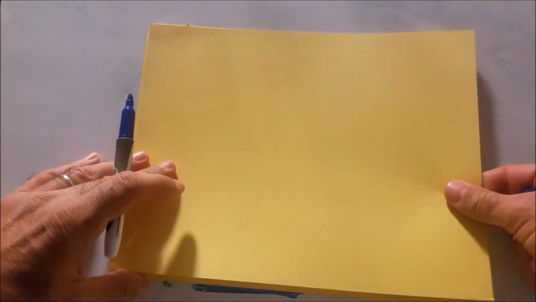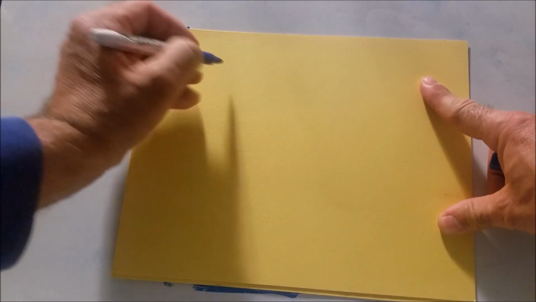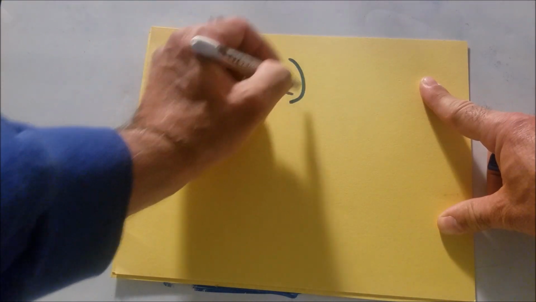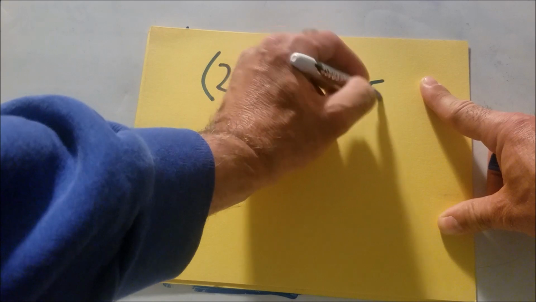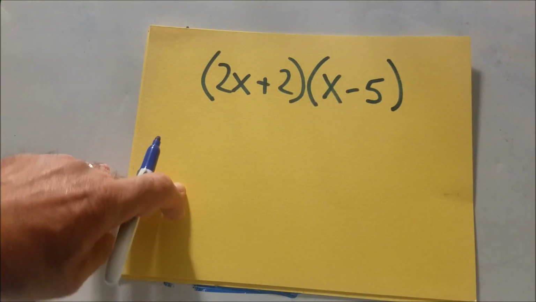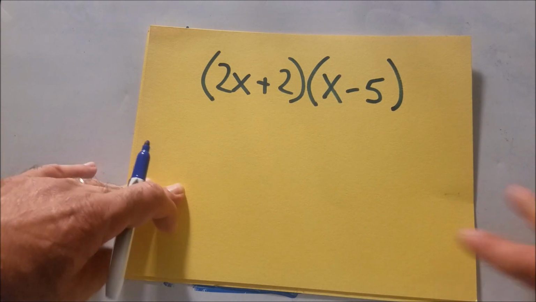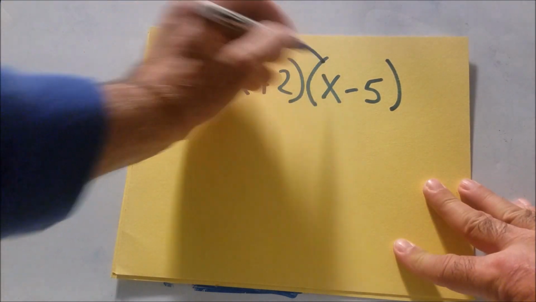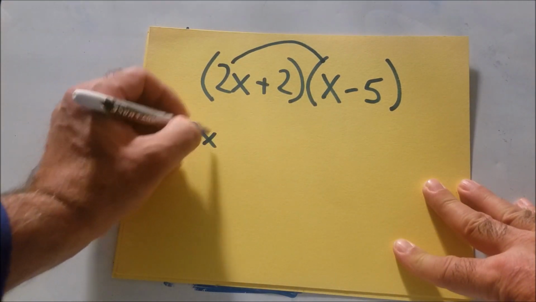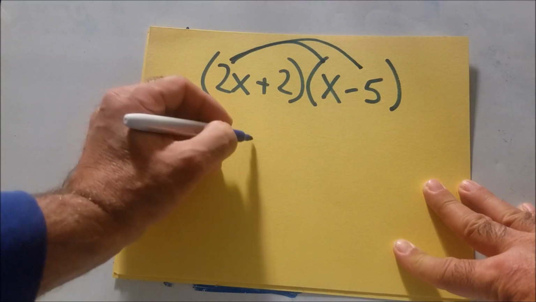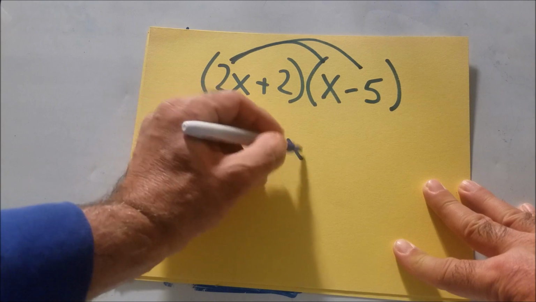All right, let's do another one. What if I had 2x plus 2 and x minus 5? Try that. Same thing, right? 2x times x is 2x squared. 2x times negative 5 is negative 10x.